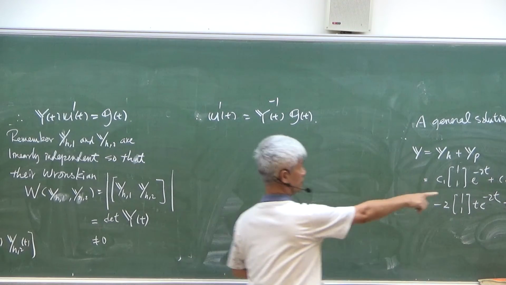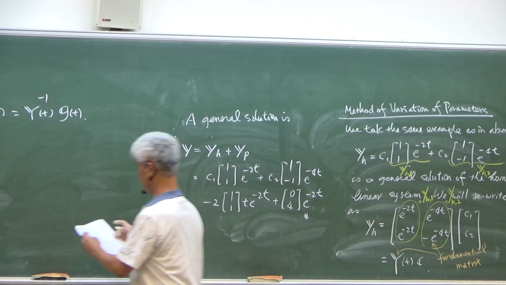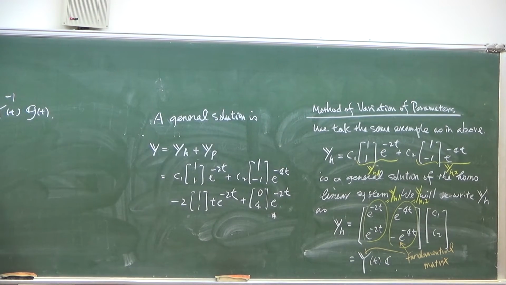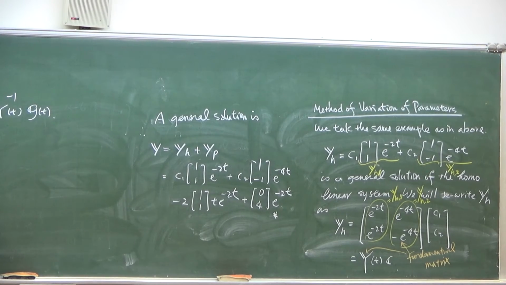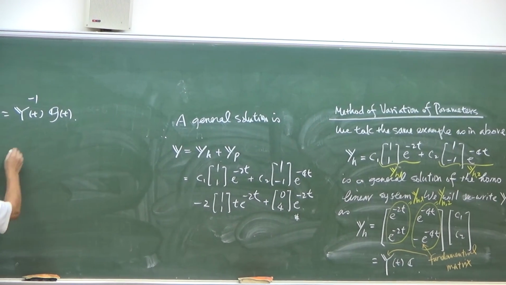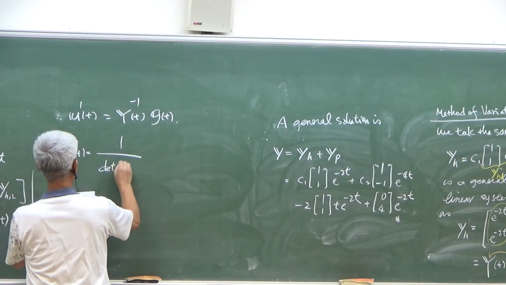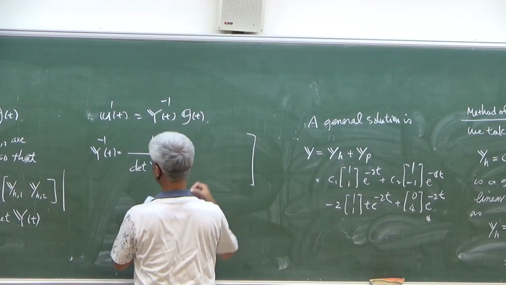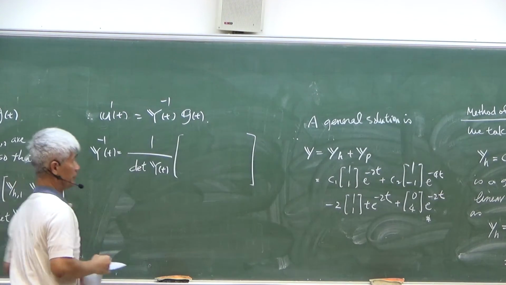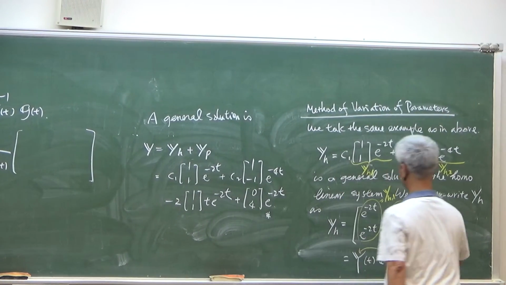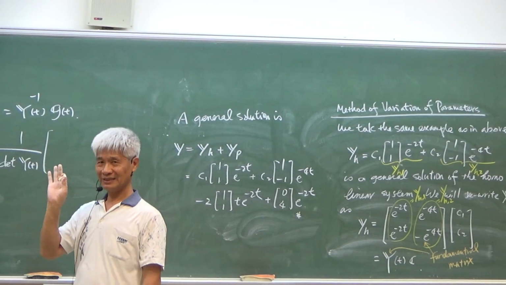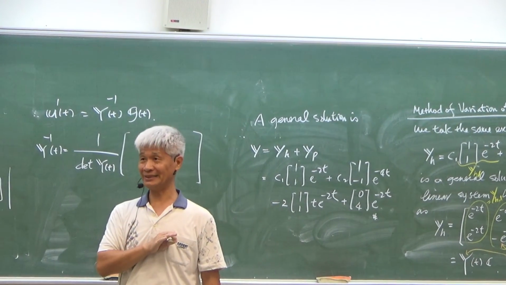And so apply to our theorem. So you have now, and what is the inverse? The inverse is one over the determinant of YP, right? And the matrix. Because our fundamental matrix is 2 by 2, the inverse matrix of a 2 by 2 matrix has a very simple formula.